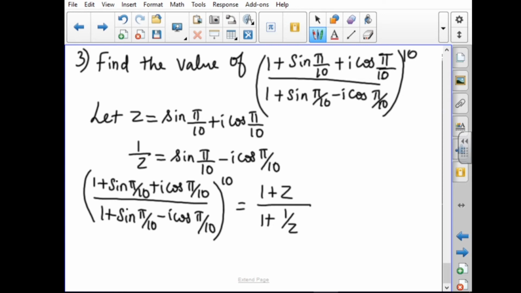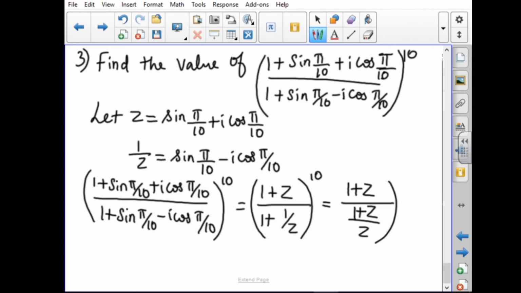Here we have substituted 1 by Z, and it is (1 plus Z) whole to the power 10 in the numerator. When you are taking the LCM in the denominator, you will get 1 plus Z divided by Z. So when you are taking the reciprocal, you can easily cancel this.